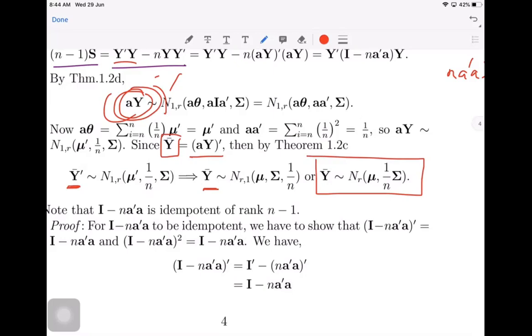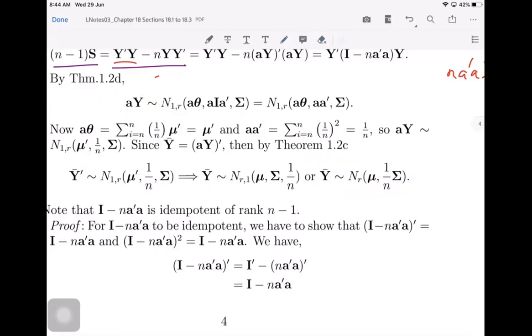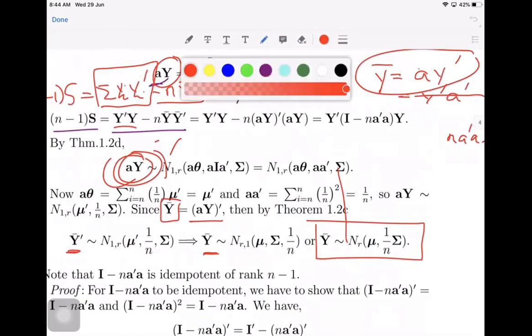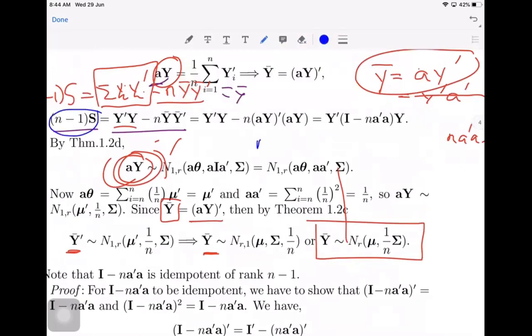And then we look now at S. Now recall that S can be expressed, or n minus 1 times S can be expressed as Y I minus n A prime A Y prime. Okay.